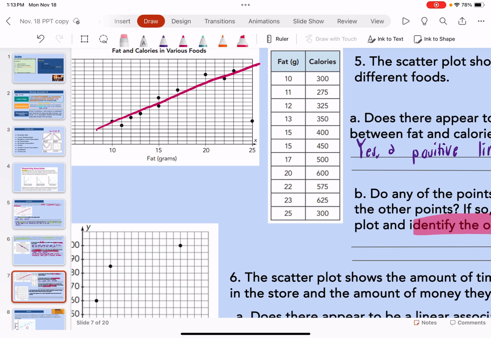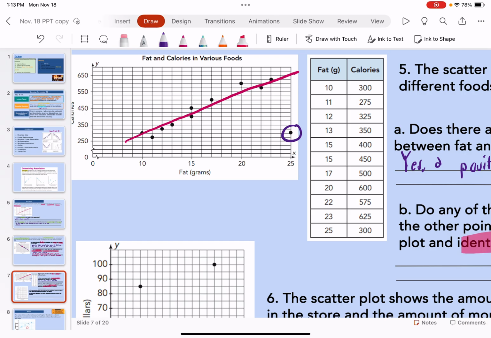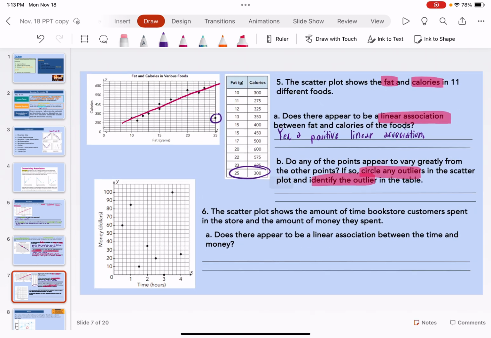And then to determine what the ordered pair would be, I know that the x-coordinate is 25, so now I can see that the y-coordinate is 300. So I'm going to write there's one outlier. And then I'm going to write the coordinate 25, 300.